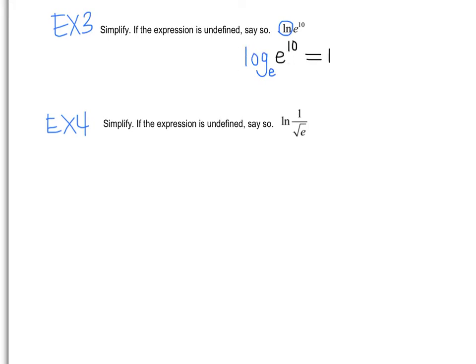So I can rewrite this as 10 log base e of e. We also know that log base e of e is just 1. Remember, whenever those numbers match, it's always 1. So if we had log base 2 of 2, or 3 of 3, or 4 of 4, they're all equal to 1. So this simplified answer is just 10 times 1, or 10.